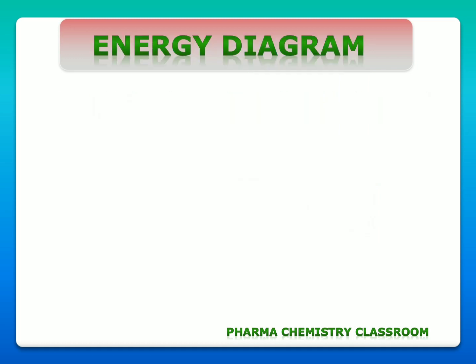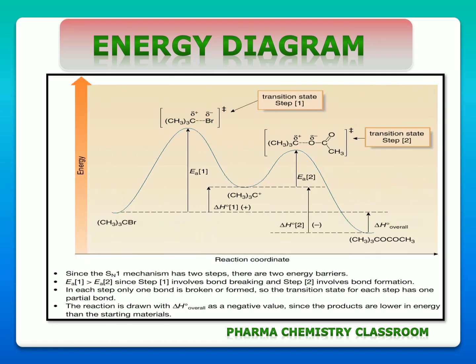Now we'll see the energy diagram of SN1 reaction. We have already seen what is the meaning of energy diagram. So look at here. The substrate, a tertiary alkyl halide, gives a carbocation which is stable through this high energy transition state.